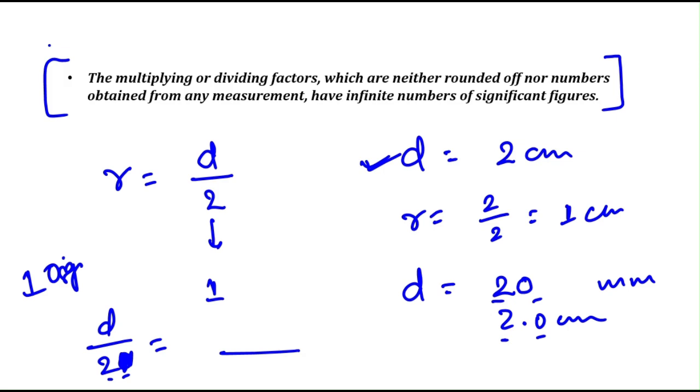At least it should have minimum effect on the result. So for those arithmetic operations with significant figures, we are going to discuss in the next class, of course. And then we will discuss rounding off or estimation of uncertain digits. So these two things we are going to discuss next. So that's all for today.